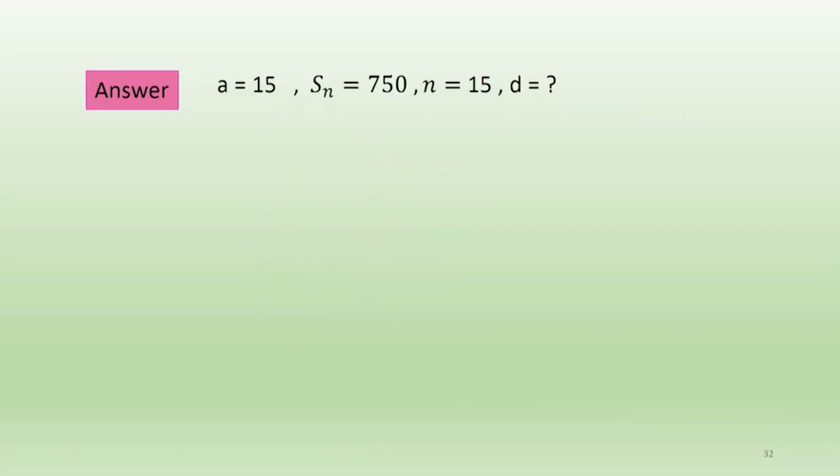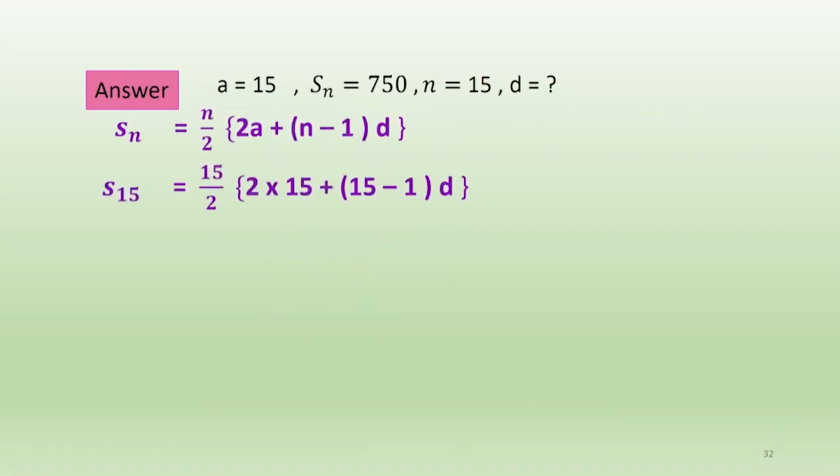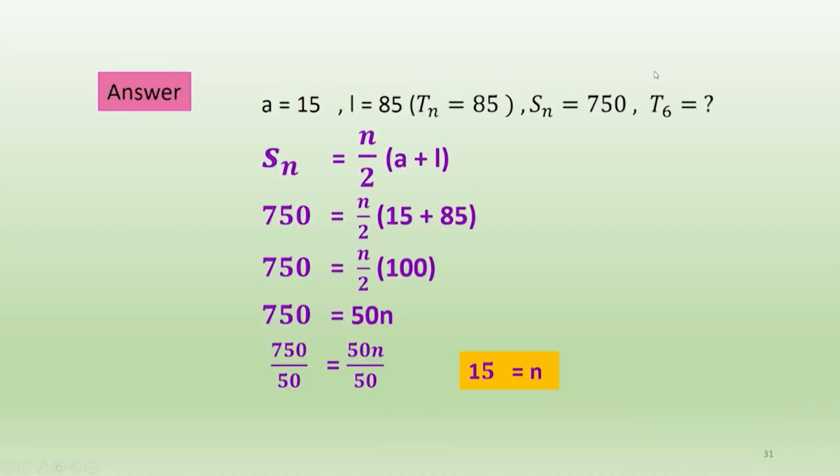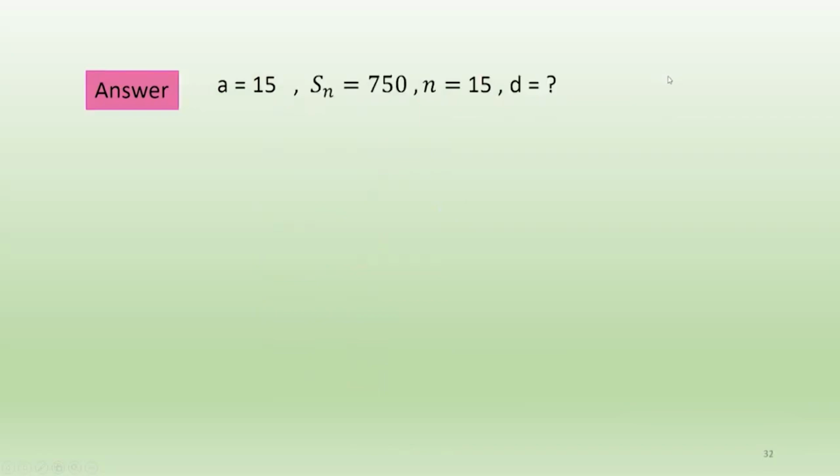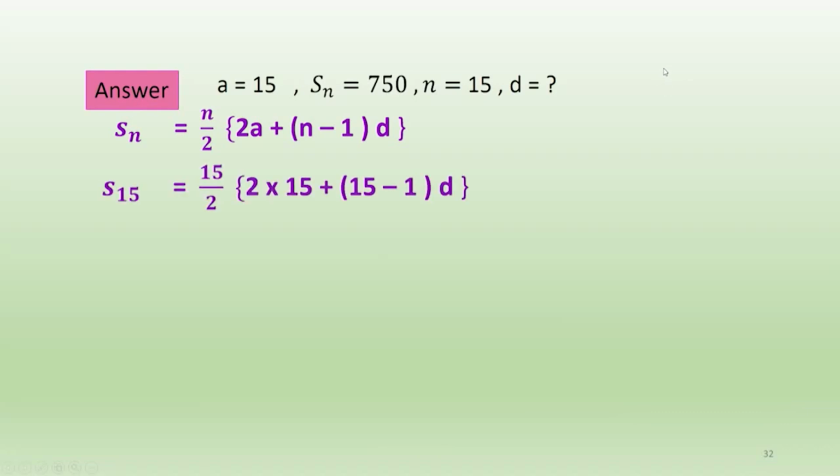Shall we find the sixth term? To do that, I substitute the values into the formula Sn equals n over 2 times (2a plus (n minus 1)d), with a equal to 15. Here I am going to find the common difference, otherwise I can't find the sixth term.